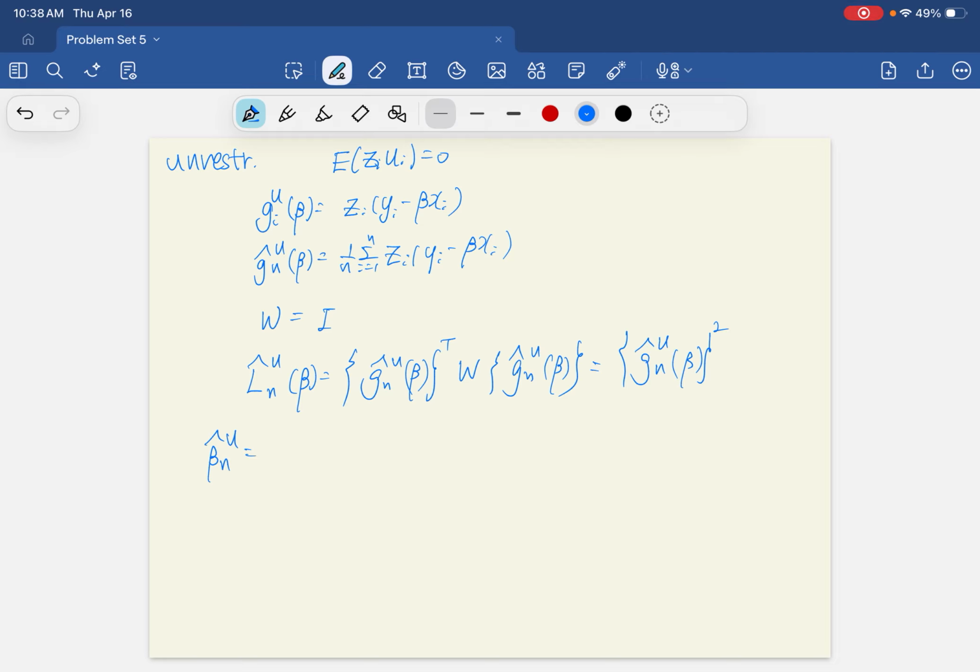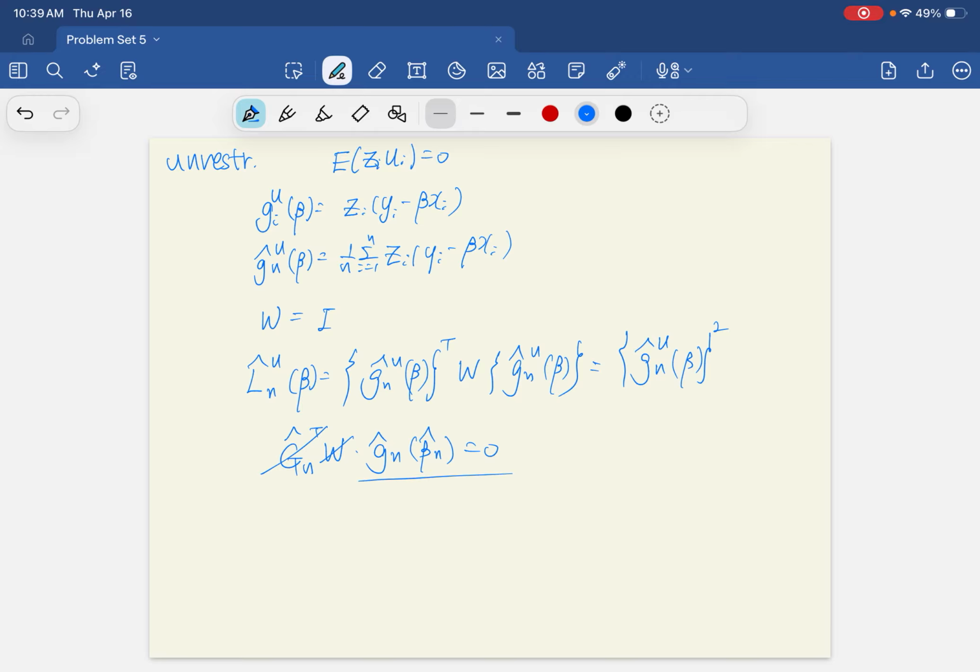If you just take the first order condition, let me write down the first order condition. It looks like this. This was the first order condition from the GMM chapter. And in our case, this is identity, and this is a scalar, so it does not mean anything.